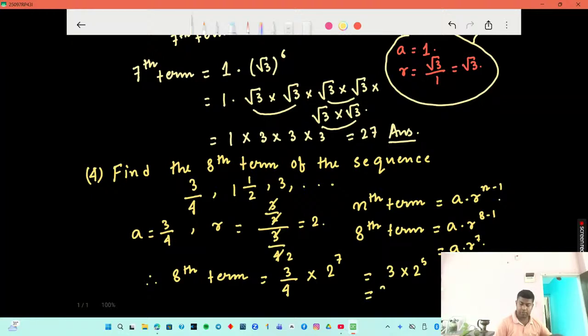So it will come as 3 into 32, and if we calculate 3 into 32, we get 96. Is it clear? So the value of the eighth term is 96.